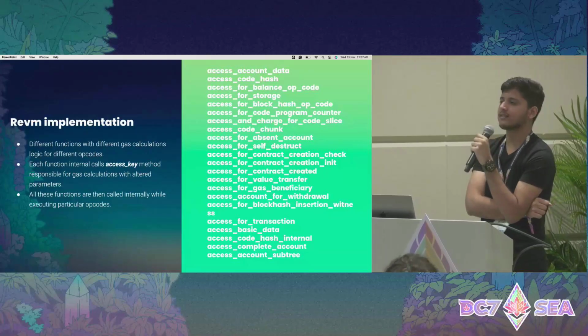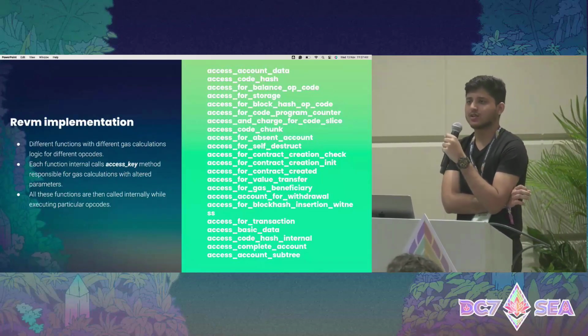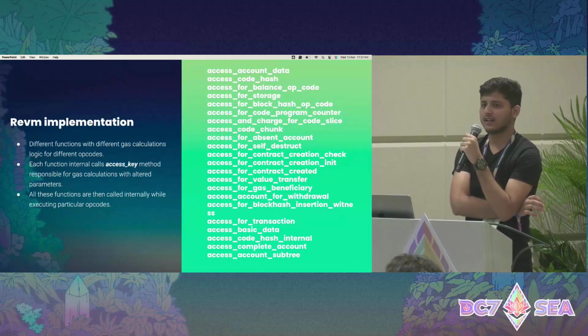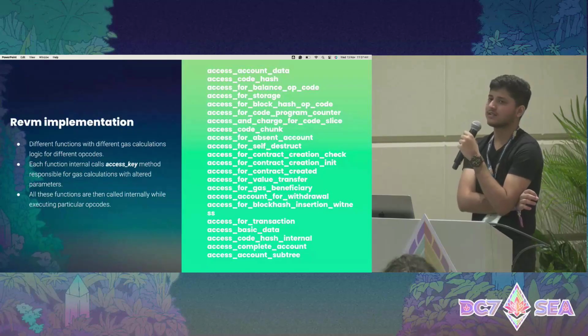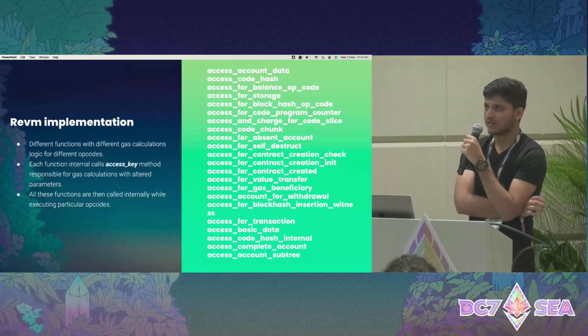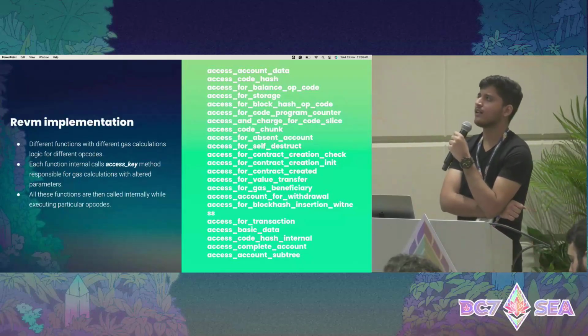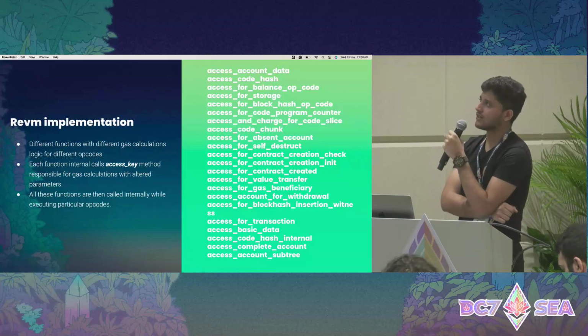It checks whether it's for access or for write. It maintains a list of all the accessed subtrees and modified trees. It charges accordingly. If the tree is not yet touched, it charges the read cost. If it's already touched, then it will charge the write cost. So all these functions were separately implemented, and they were inserted wherever the opcodes for that particular function are called.